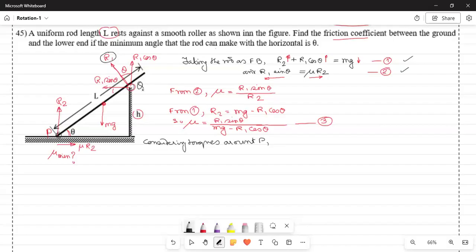Let me consider this point as Q. PQ is the perpendicular distance from the pivot to the force R1.